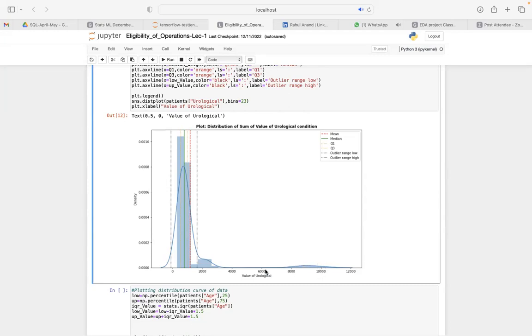But what you can do here is take these outliers off, and you can see that they are following some sort of pattern, and do a separate analysis of these outliers rather than keeping them inside this particular normal distribution curve. You can take them out and do a separate analysis, as we were discussing yesterday as well.